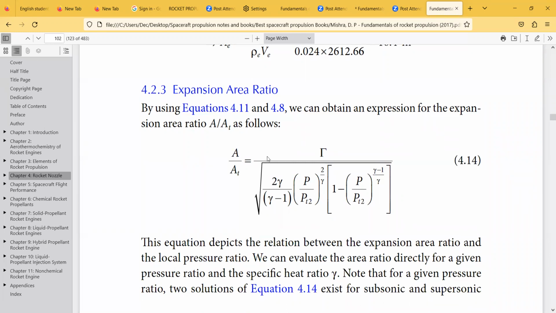Again, another relation is the expansion area ratio. That means the area at any particular section divided by the area of the throat, which is equal to this symbol.